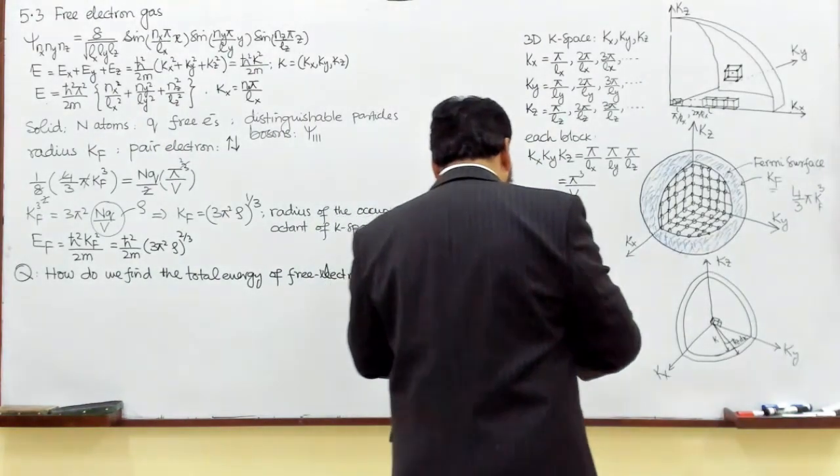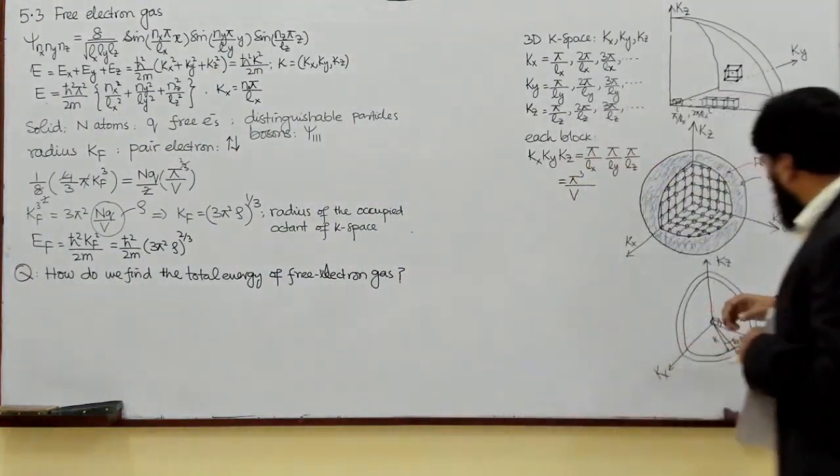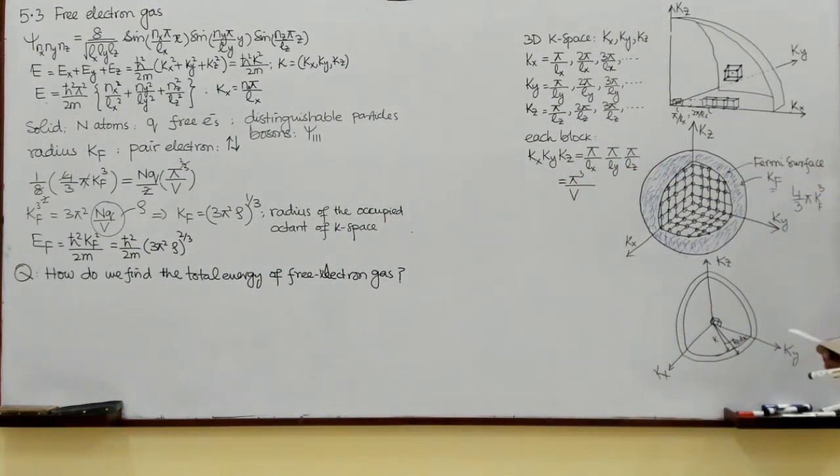Let's consider that this is a shell, so I will focus on one cube here. The shell thickness is dk. Inside it is k, and when it goes to the outer layer, it is k plus dk.